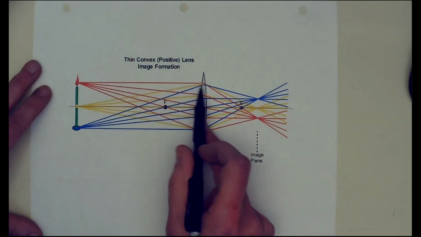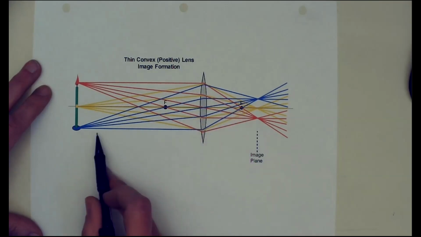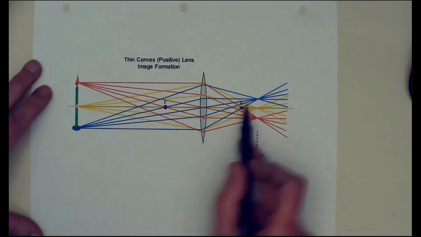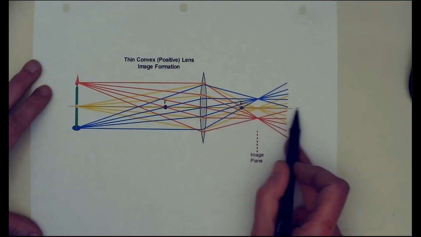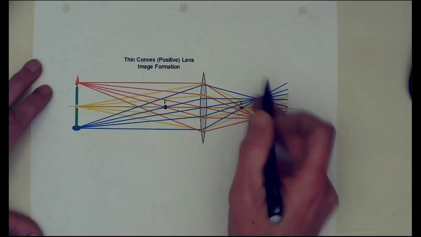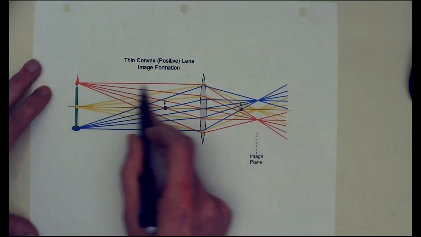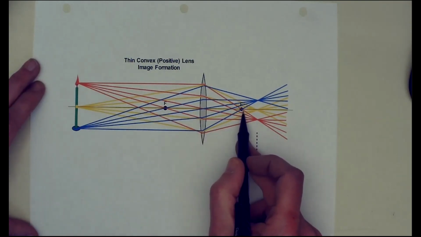And so it ends up bending and going right through the focal point. Down here, this blue ray is parallel, and it goes right through the focal point. Of course, the optical axis is parallel to the optical axis, and it goes right through the focal point too. So those all converge right on the focal point. In the midst of all this other stuff that's going on, that's still happening. All the rays that come in parallel go through the focal point.